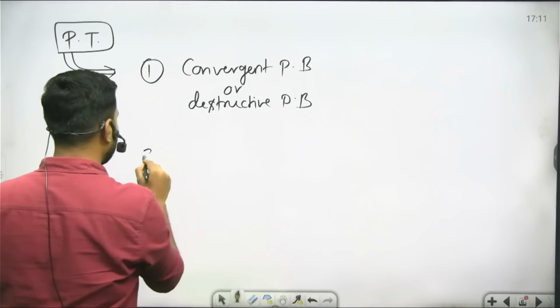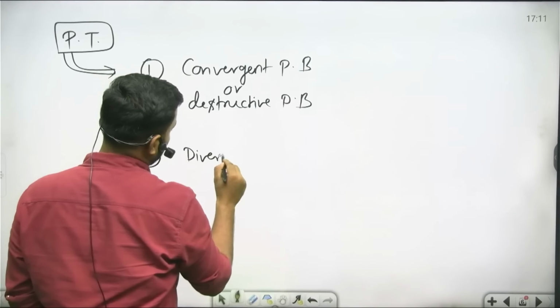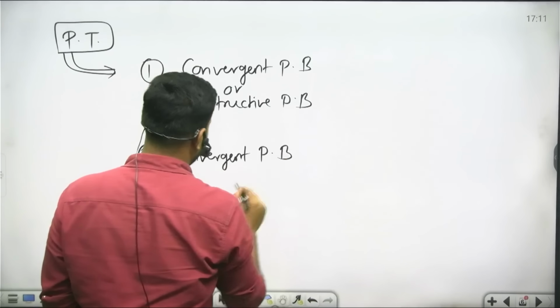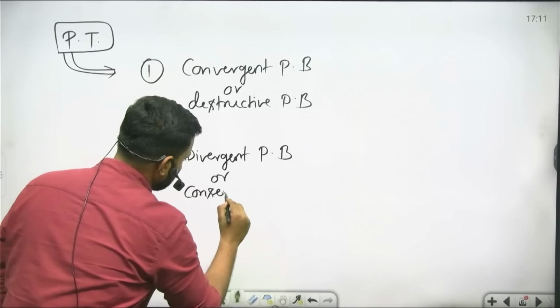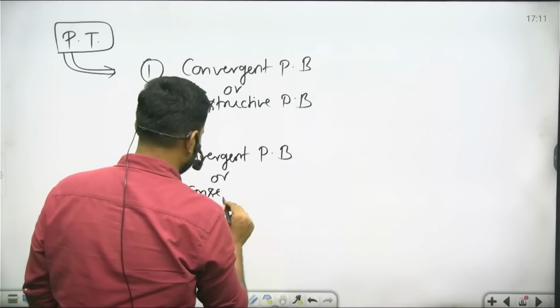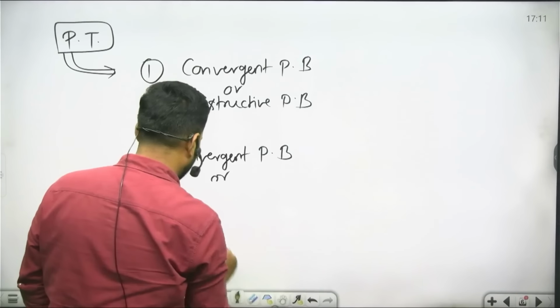The second one is the divergent plate boundary, or you can call it the constructive plate boundary.